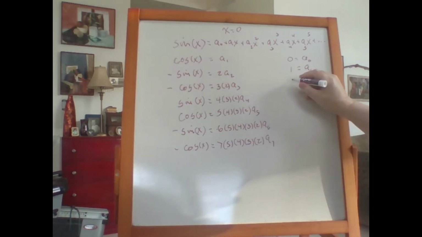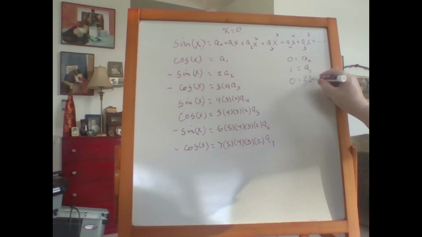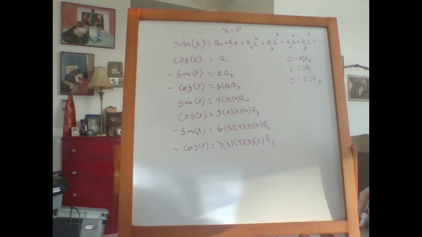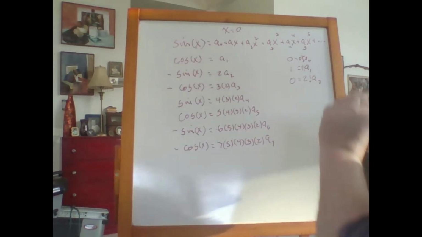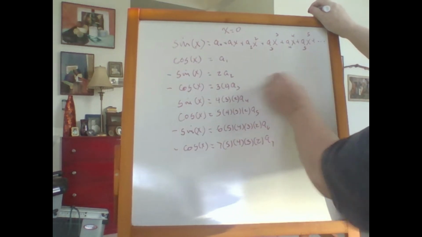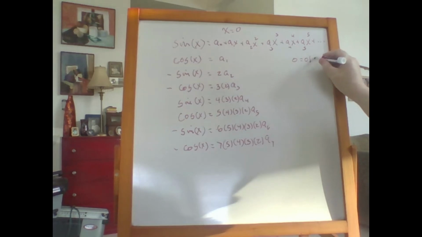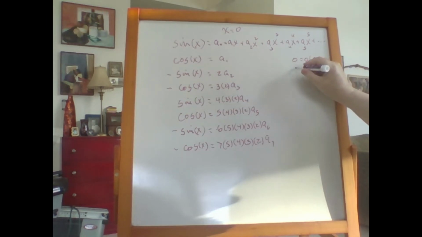Minus sine of 0 is 0, equals 2 factorial a2. This is 1 factorial, and this is 0 factorial. So we've got 0 equals 0 factorial a naught. This is 1 equals 1 factorial a1.